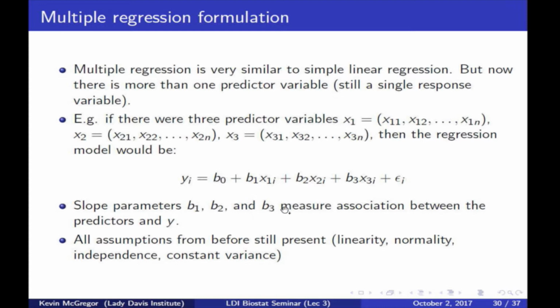These are going to measure the associations of each of those 3 predictor variables with the outcome variable y. We still have to make all the assumptions as we did before: a linear relationship, normality, independence, constant variance, that sort of thing. We also have to have an additional assumption that these 3 predictor variables are not too correlated with each other.